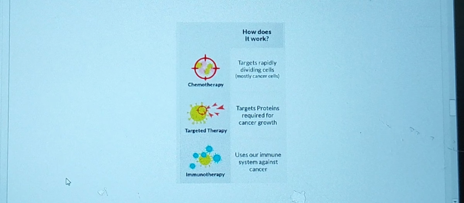Like fluorouracil, capecitabine, all of those only attack the rapidly dividing cells.